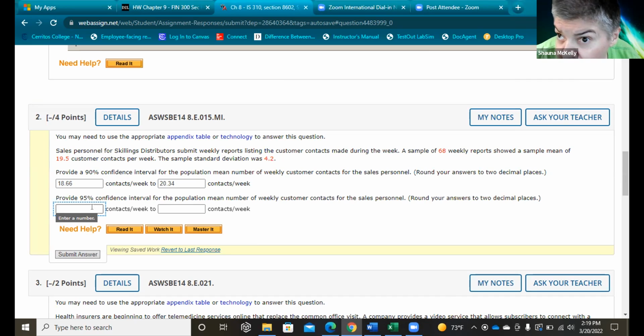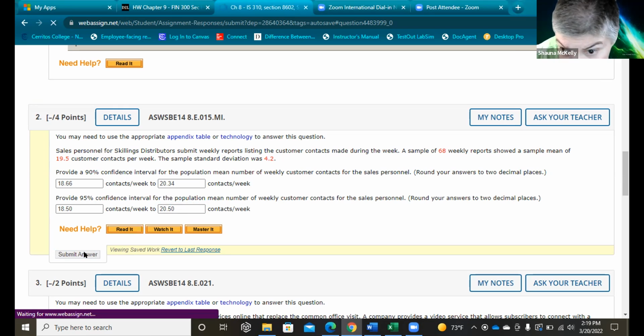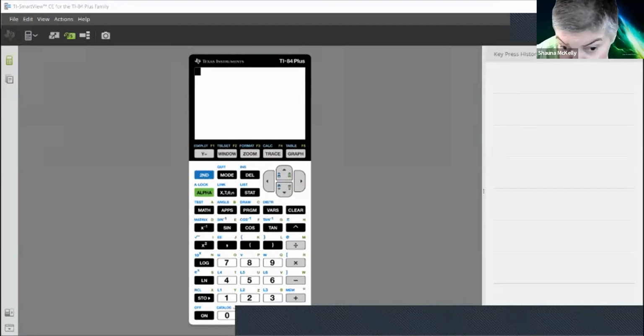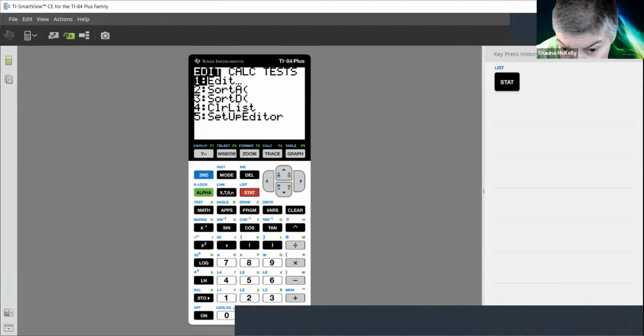Let me close a lot of this stuff, because my not being able to see my... okay, gotcha. That's why. Okay, there it is. So my emulator looks like this.